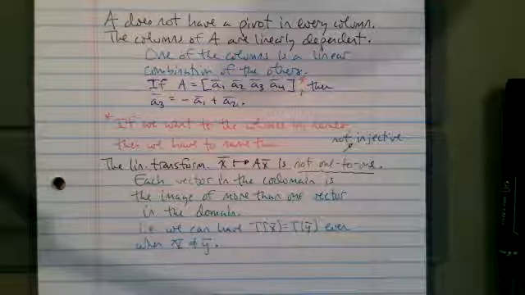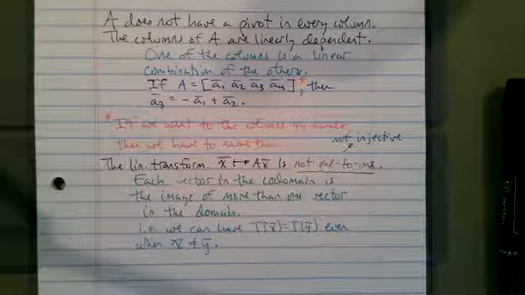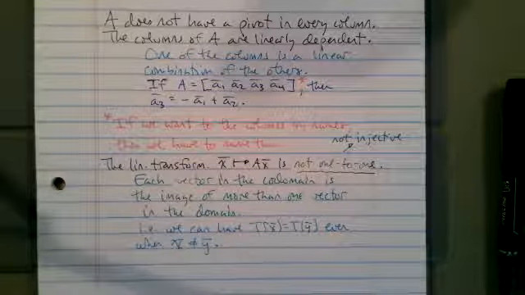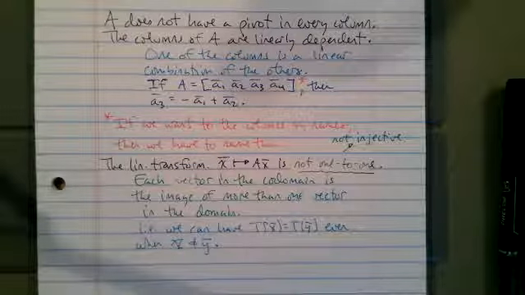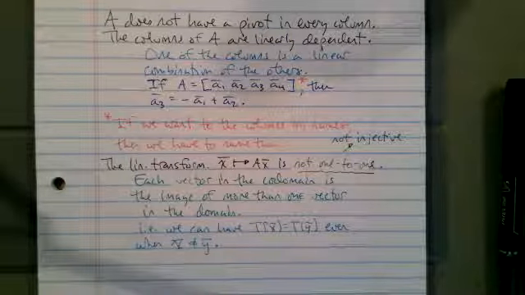This doesn't tell us anything about the range. This just tells us how all the vectors in the domain end up in the codomain. Injective will refer to unique or infinitely many solutions. Surjective will refer to the existence of solutions.